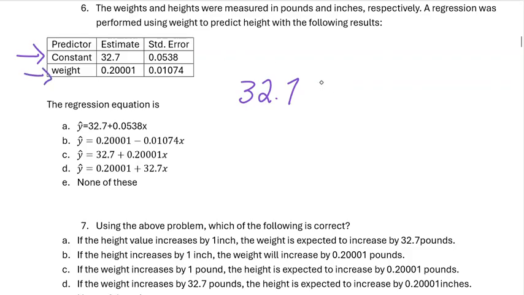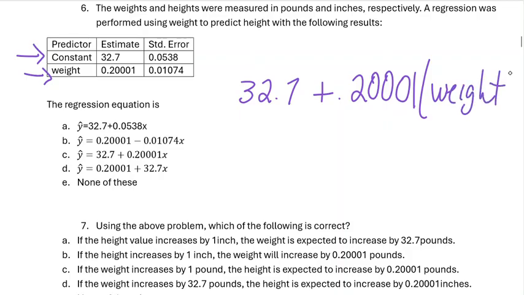So it's going to be plus 0.20001, and then this is going to be weight. And we are predicting height. So our height would be a height hat. So it would be, let's see, this one.